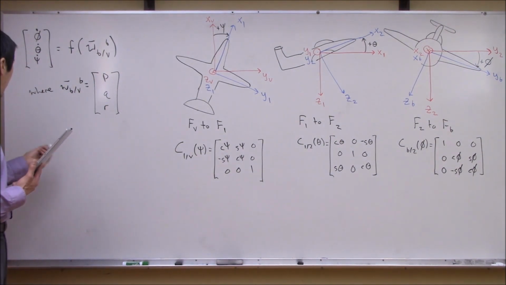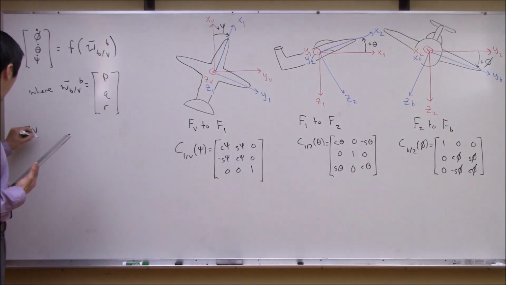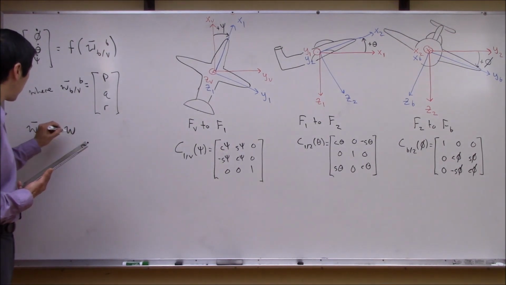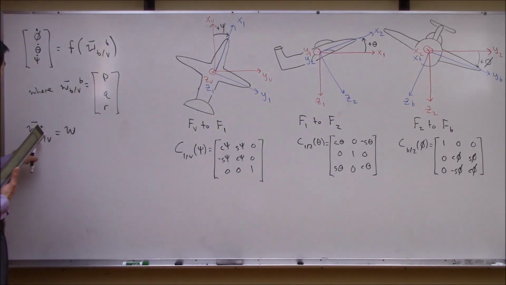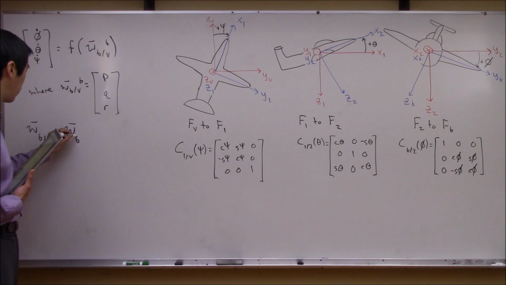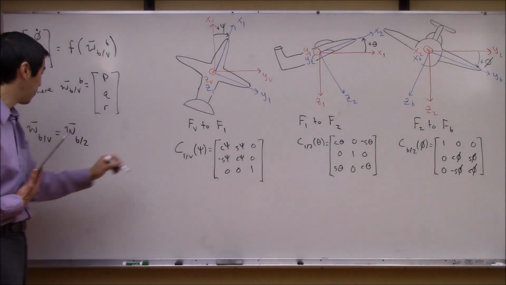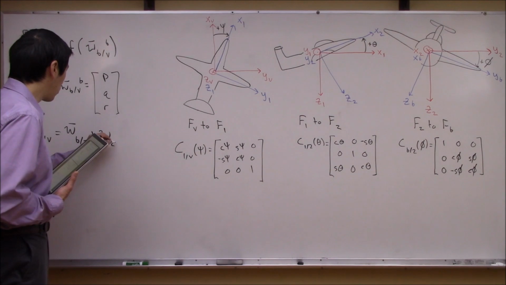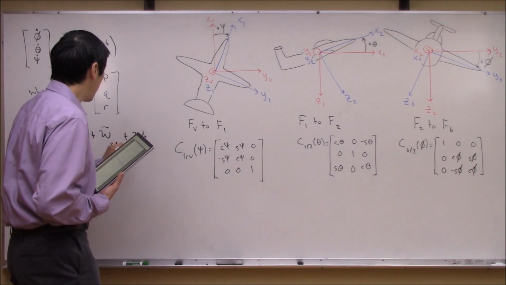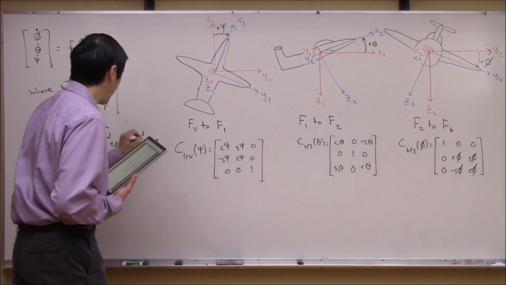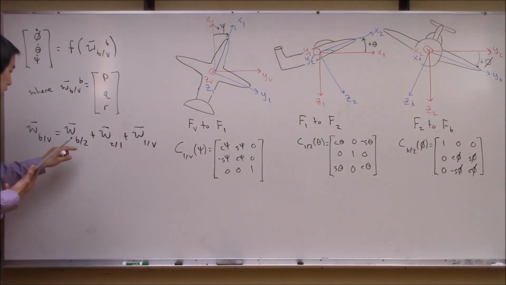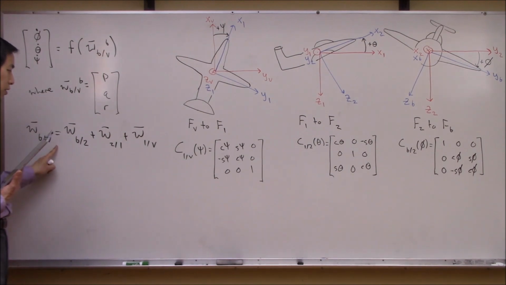But what we basically said is that this angular velocity vector, omega b with respect to v, we can break up. It is how the body frame is rotating with respect to the intermediate 2 frame, plus how the 2 frame is rotating with respect to the 1 frame, plus how the 1 frame is rotating with respect to the northeast down frame. So this breaks the angular velocity vector into 3 components.